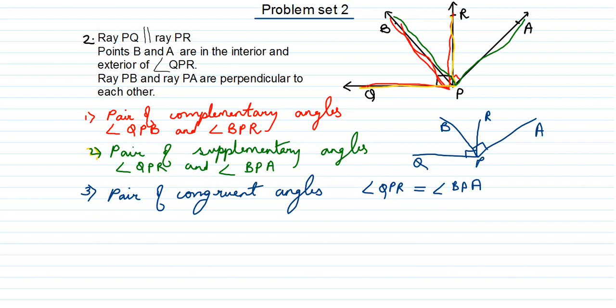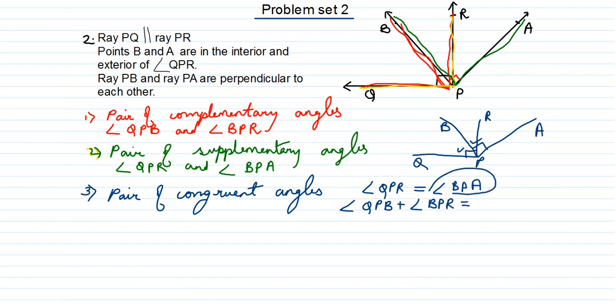But what is angle QPR? Angle QPR is the sum of these two angles, that is angle QPB plus angle BPR is equal to, next is angle BPA.